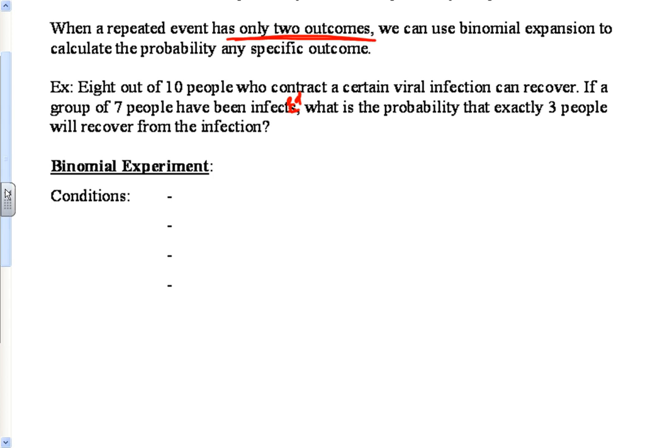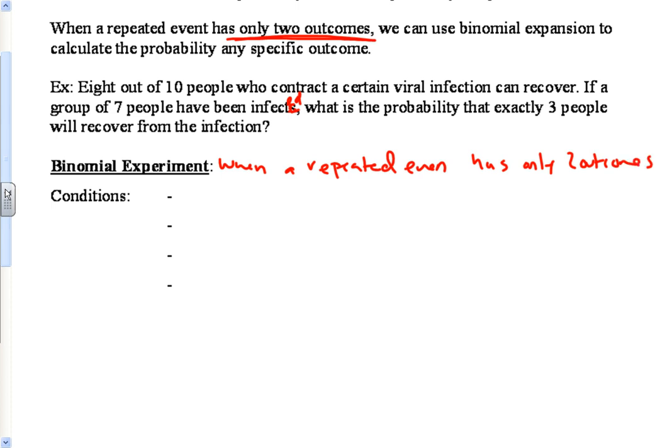Alright, so the binomial experiment is when a repeated event has only 2 outcomes. Either you recover or you don't.